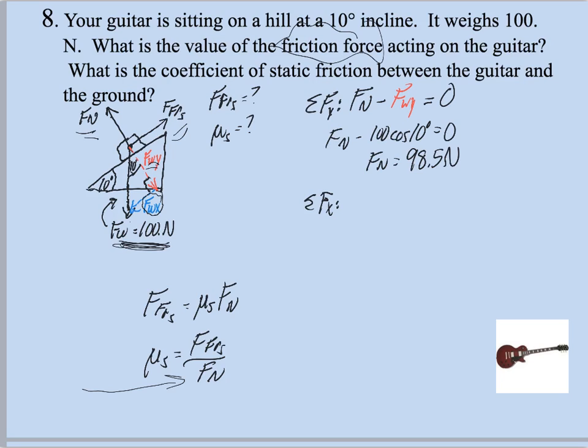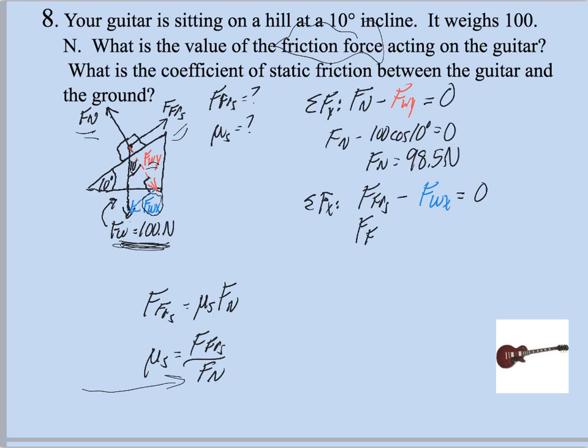So I know if I sum them together, I'm going to get 0. So FFR, the static friction force, minus the vector that goes the other direction, Fwx. If I sum those together, I'm going to get 0 because it's at equilibrium. That's how I know to set it to equals 0 every time.